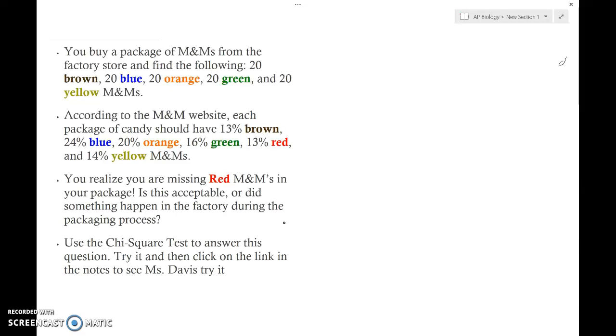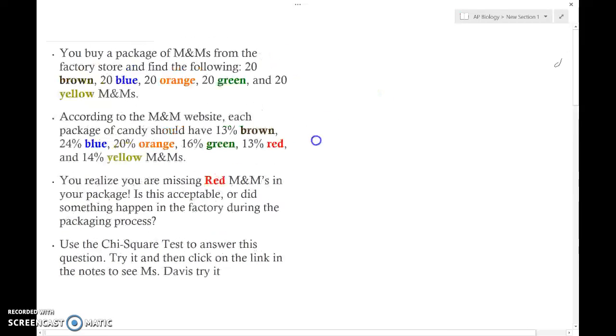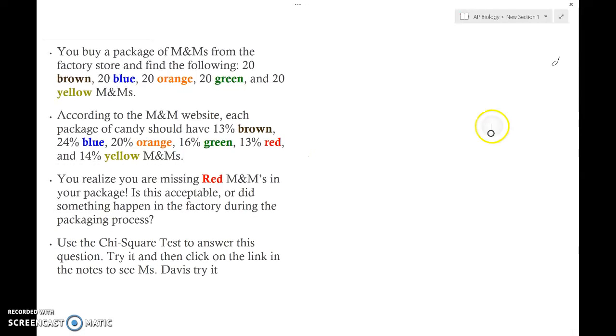There's a couple different ways that you can solve this, and it's really up to you. You can either convert your whole numbers to percentages, or you can convert your percentages to whole numbers.